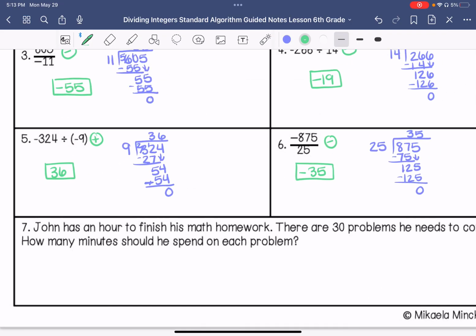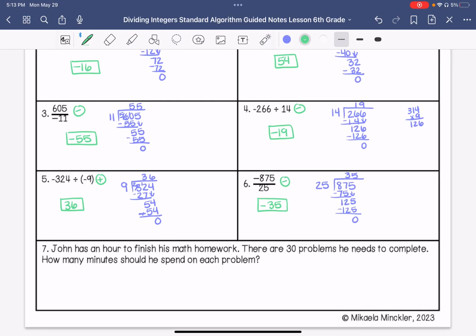All right, last problem. John has an hour to finish his math homework. There are 30 problems he needs to complete. How many minutes should he spend on each problem? So in an hour, 1 hour is 60 minutes.